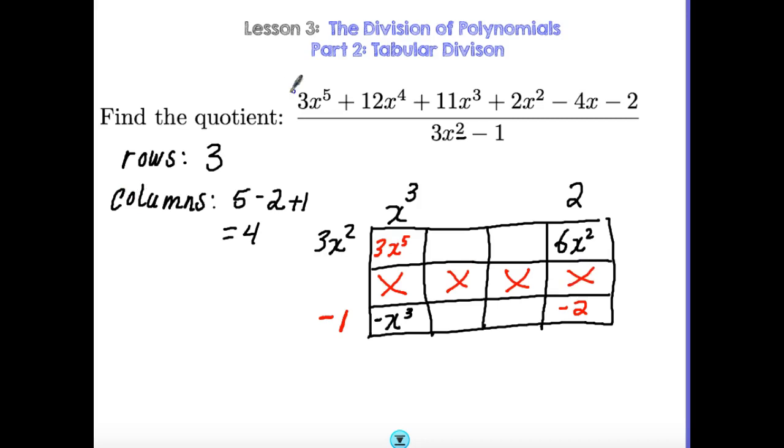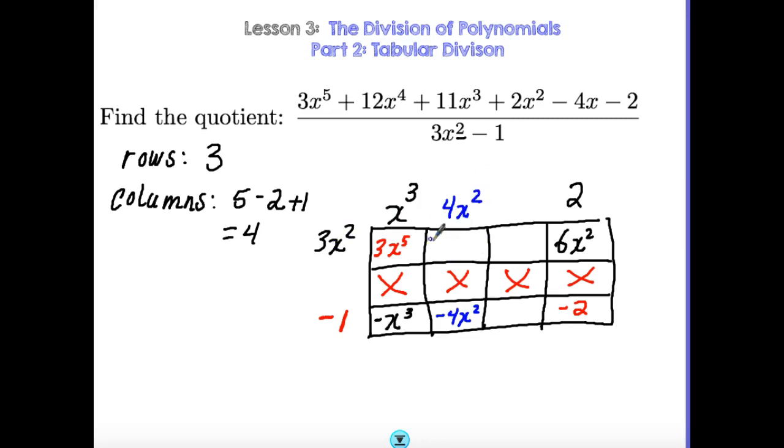Now, because we go 5, 4, 3, 2, 1, 0, I know that way over here this should be an x squared term. And notice how there's only 2x squareds up here. So if I have 6x squareds, I have to take away 4x squareds here. Okay, and then negative 1 times what gives me negative 4x squareds? Well, that's 4x squareds. Okay, and I can get this box now.